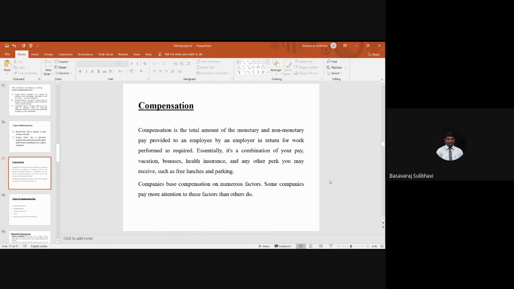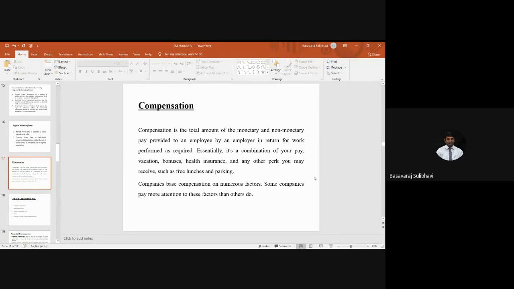This compensation you have in fact gone through in your previous semester, where I took the entire subject of compensation management. For those who did not take HR as a specialization, I think it is also very useful. So what is compensation?